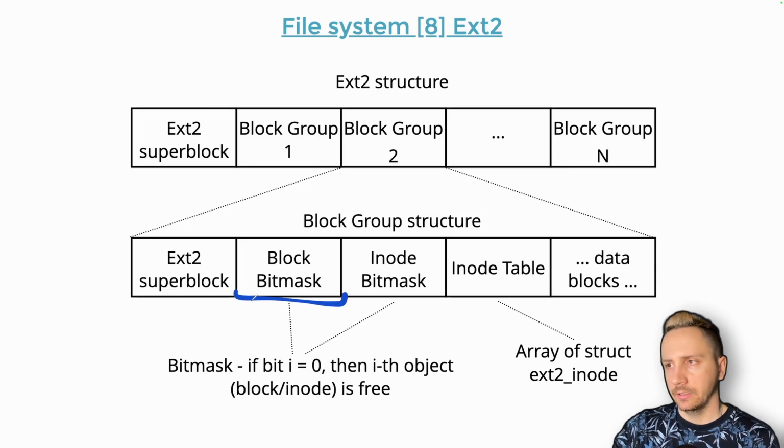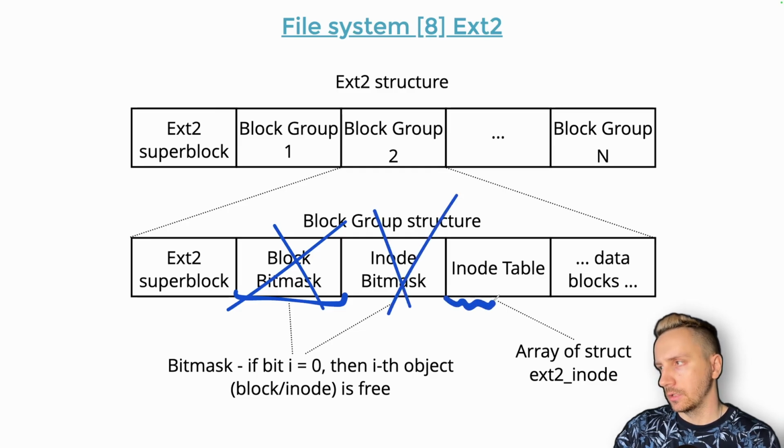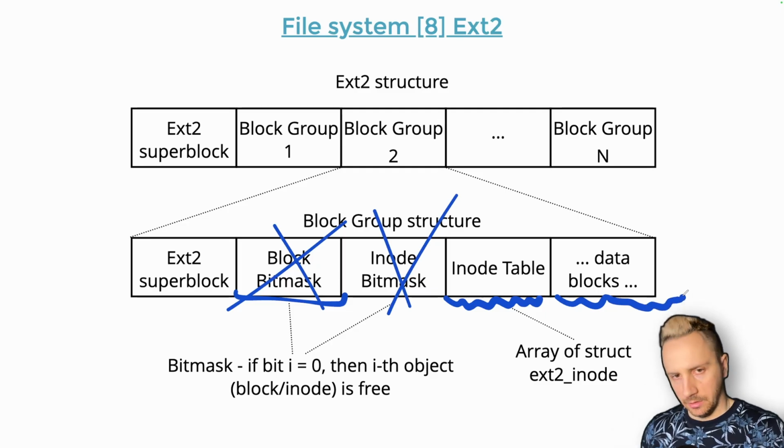In theory, let's imagine we remove those bitmasks. Stuff will work. You can still, in linear time, walk this whole table and find a free entry. When you want a new data block to add to your file, you can also walk linearly through all those data blocks. The problem is that it's going to be slow.